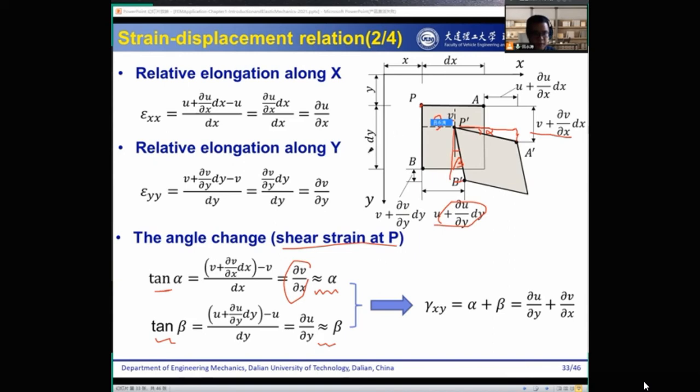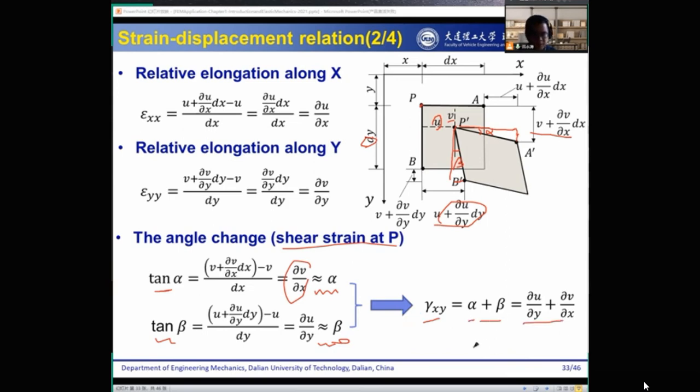Initial length is dy. And this tangent beta is approximately equal to beta. Then the angle change at this point is the sum of alpha and beta. So gamma xy equals alpha plus beta, and equals to this one.